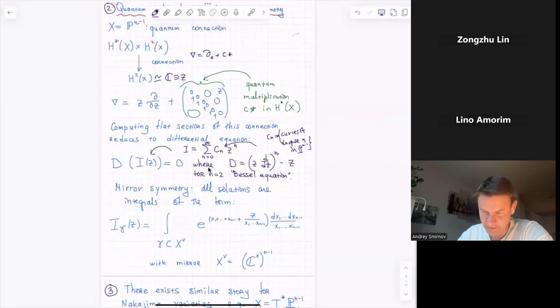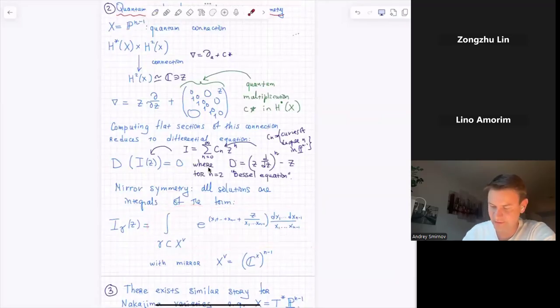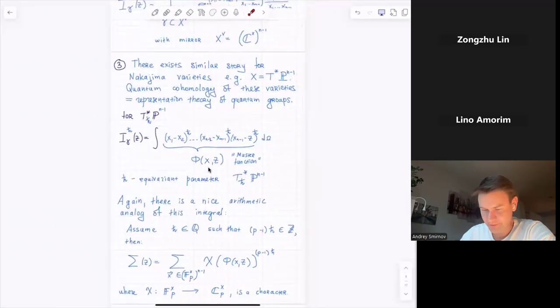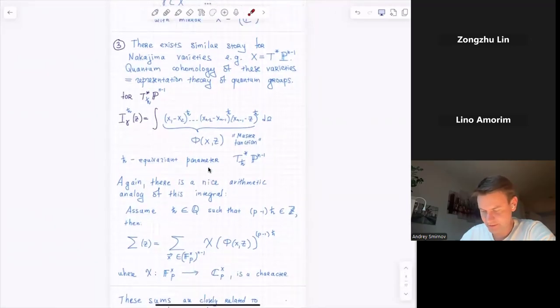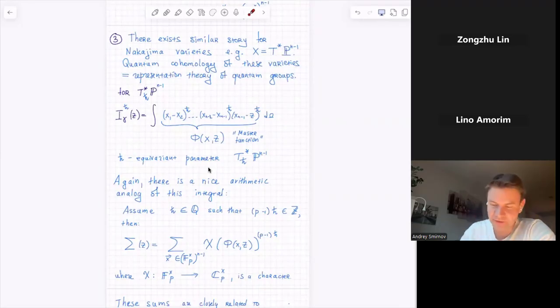All right. So this is the analogy which I wanted to emphasize, that this integral is analogous to this Kloosterman sum which appears in number theory. And then the point is that this connection really extends to more or less any other example. So, for instance, instead of projective space, we can study quantum cohomology of Nakajima varieties.